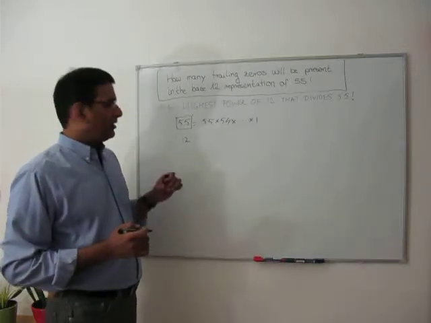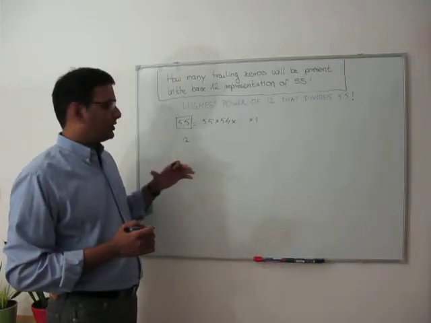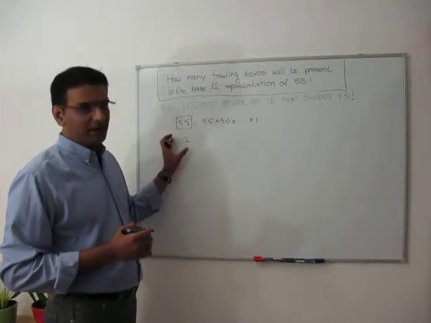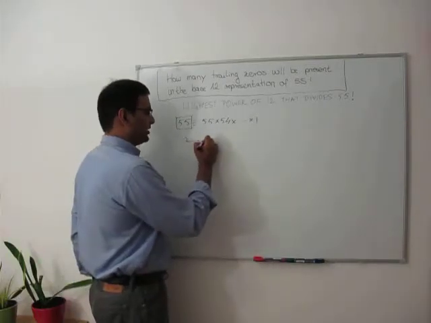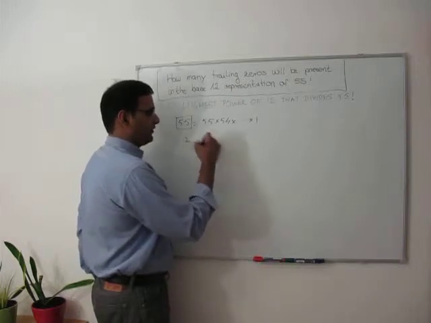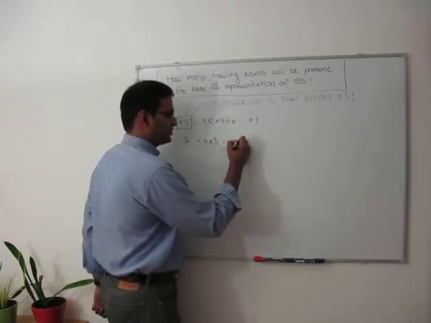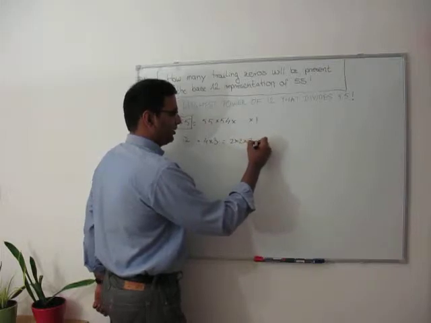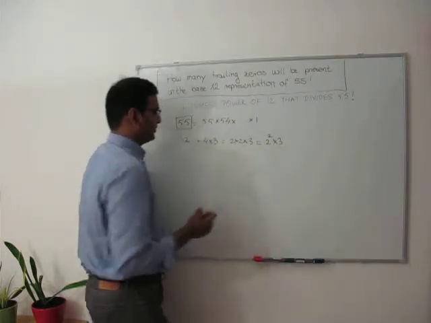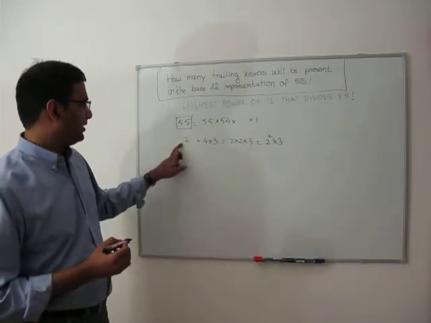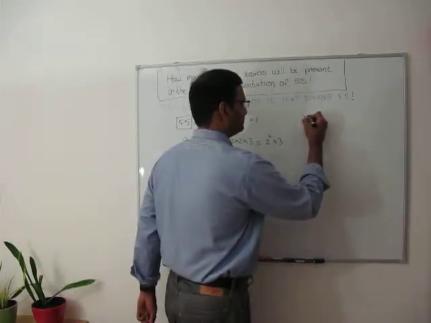It's still a bit larger than what we would like to work with, so we will decompose 12 into its prime factors. 12 could be written as 4 times 3, which in turn is 2 times 2 times 3, or to consolidate, 2 power 2 times 3. So the prime factors of 12 are 2 and 3.